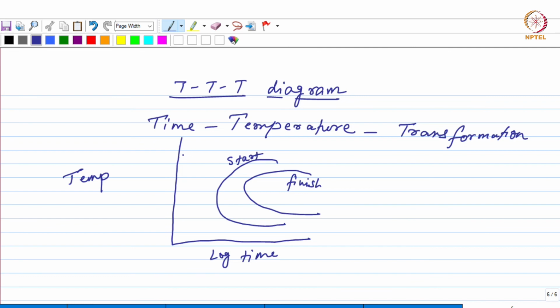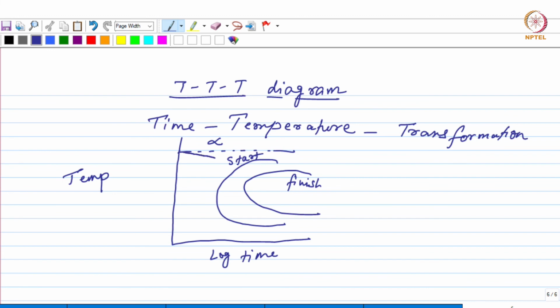So if you are talking about this particular phenomenon, precipitation hardening, then what we do first, we take it to a higher temperature where you have a single phase. So we heat it to the alpha phase region, and then we cool it down from there.